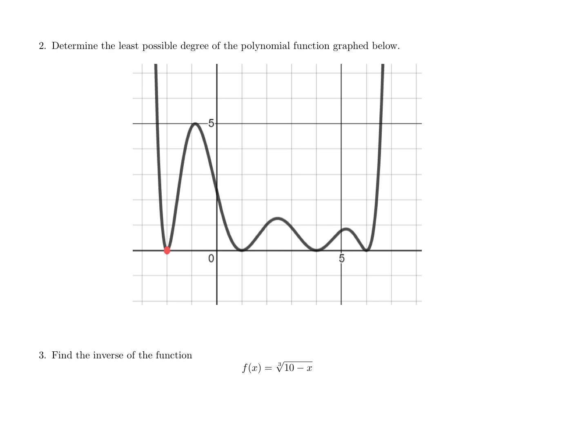So we have a turning point there, that's 2, 3, 4, 5, 6, 7. So we have 7 turning points. Okay, so that means the least possible degree is 8. You always just add 1 to however many turning points you have, and that's the answer to that question.